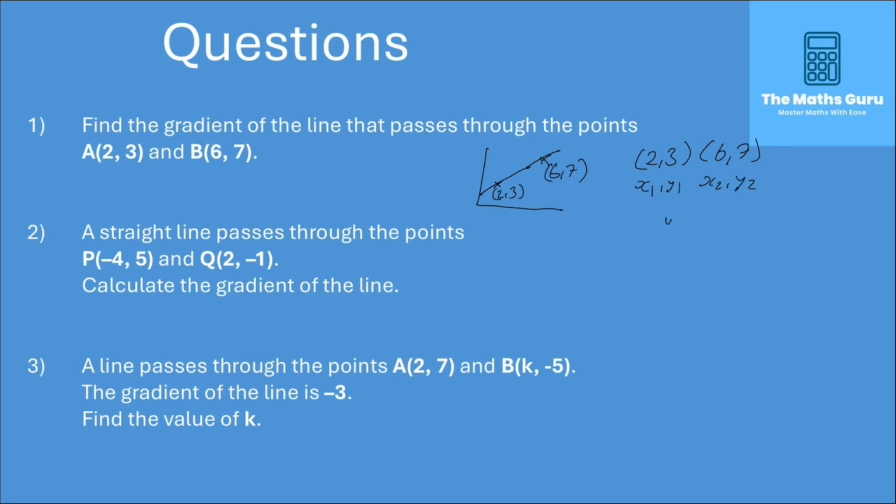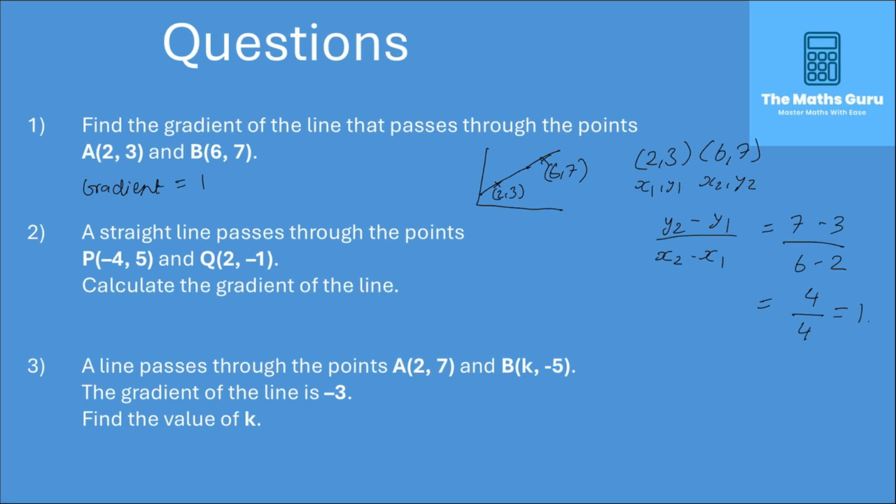Using our formula, we have y2 minus y1 over x2 minus x1. So in this case, we have 7 minus 3 over 6 minus 2, which is equal to 4 over 4, which means the gradient is equal to 1. So it is a positive gradient, as seen in the diagram.